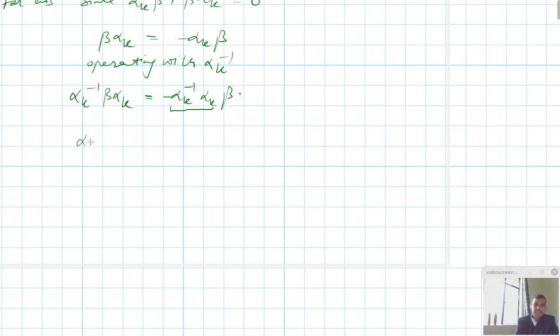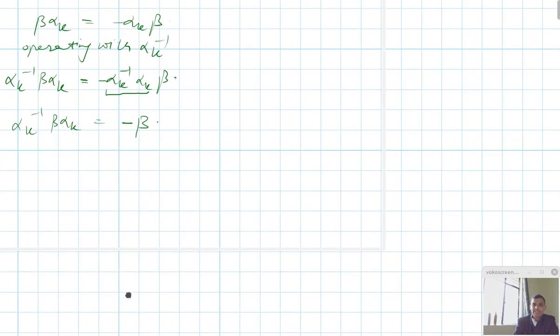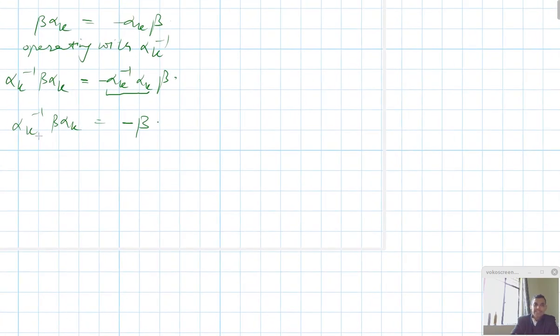So alpha k inverse beta alpha k is equal to minus beta, right? So let us do one very interesting trick here.